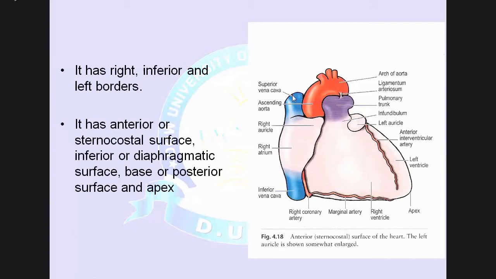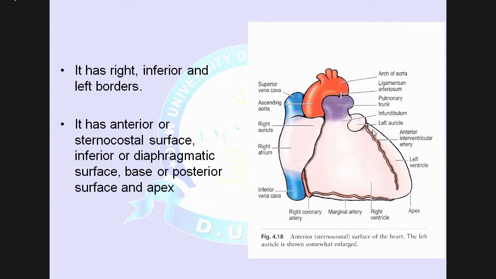This is bordering over the atria, superior and the inferior vena cava, entering into the right atrium. The inferior border or the diaphragmatic area is formed of the right ventricle.